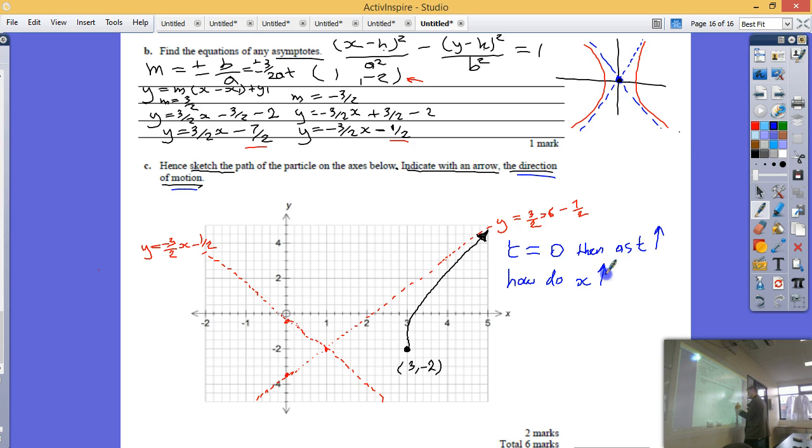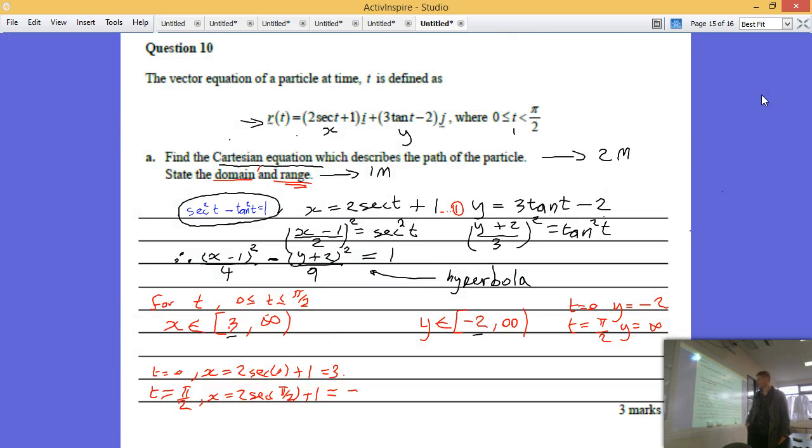Do x and the y coordinates increase? That will give us a little indication about the direction. We thought about that in the previous question when we got the domain and range.